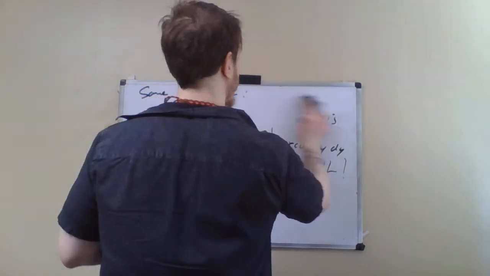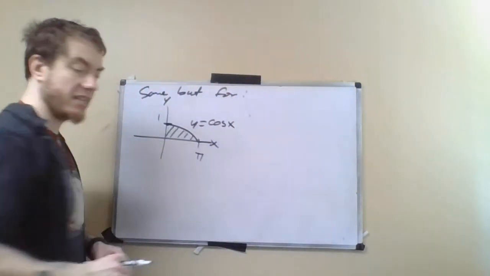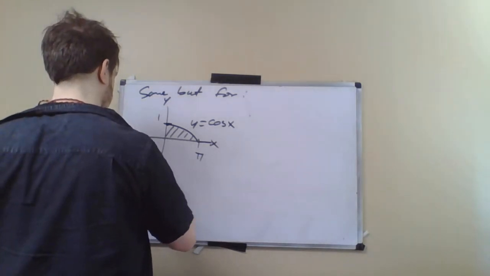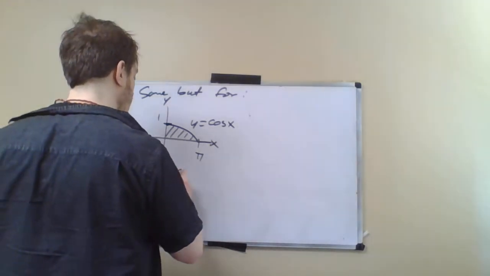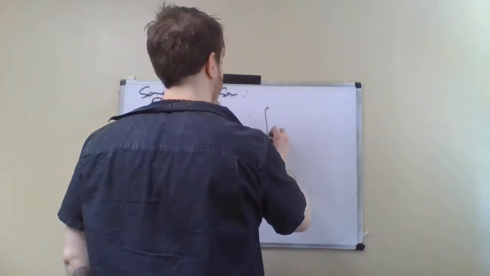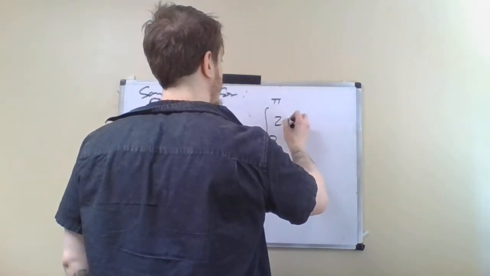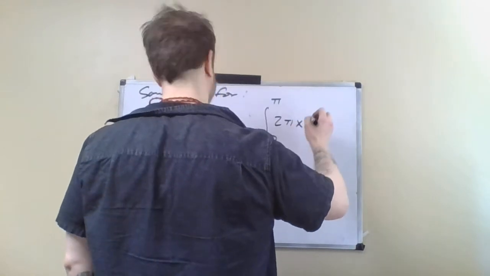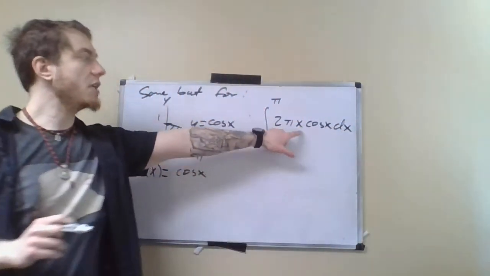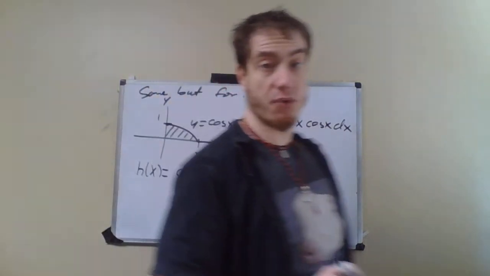Fortunately, if we do the cylinder method, it's going to be really, really easy, because the height of the cylinder is just going to be the cosine of x. And then I do the integral from 0 up to pi of 2 pi x times the cosine of x. Now, this looks like it might be quite difficult to do.